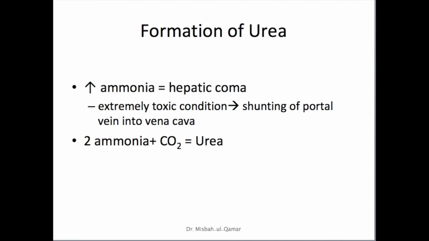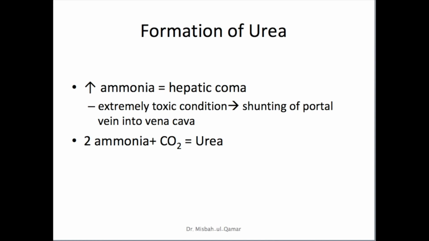Ammonia, which is formed from deamination, is highly toxic to tissues. So, increased amount of ammonia due to liver disease can cause hepatic coma. And the decreased blood flow through the liver because of any cause, due to the shunting of portal vein into the vena cava, even then there will be excessive ammonia, which is an extremely toxic condition.